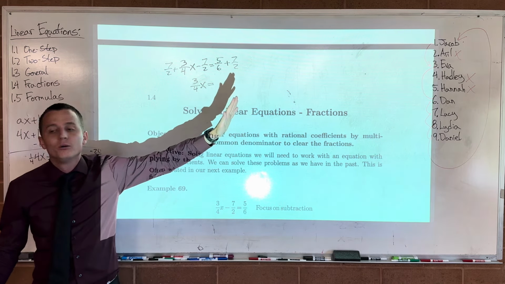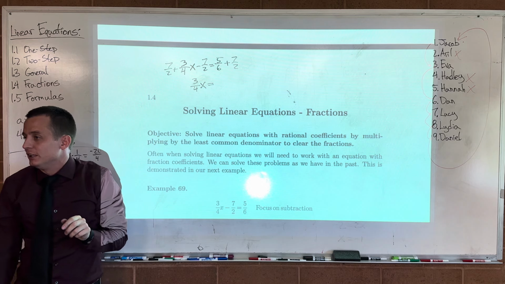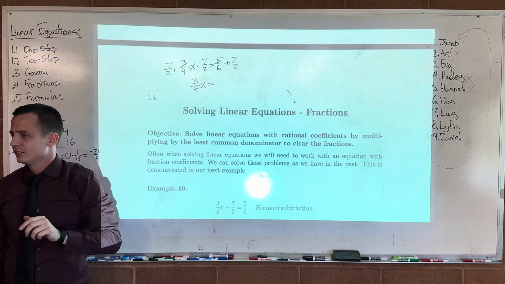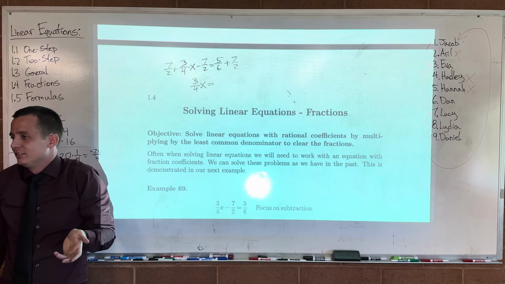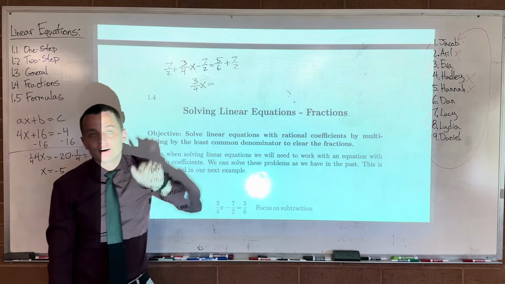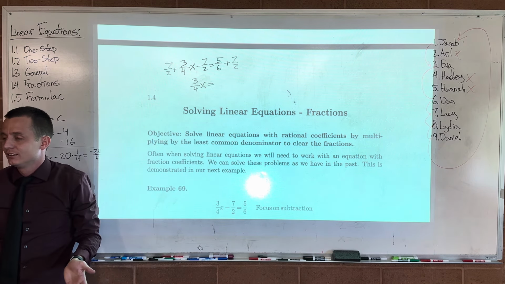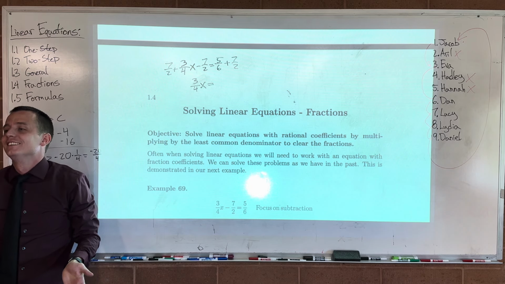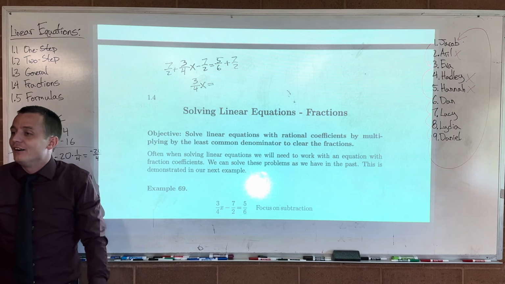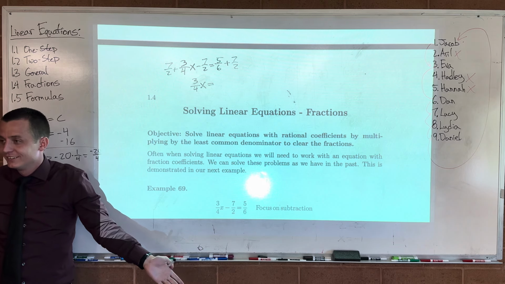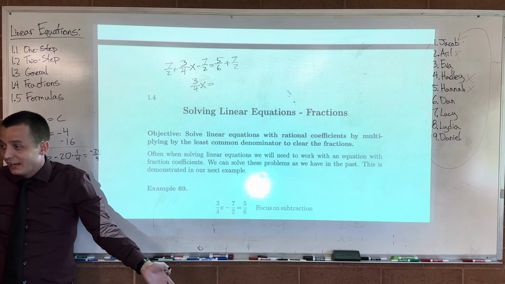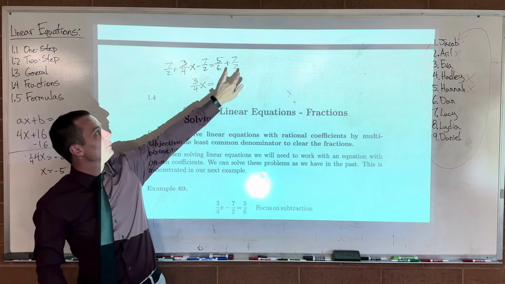If I have 5/6 of a pizza, can I express that in halves? No. If I have 7/2 of a pizza, can I express that as sixths? Yes. If you've already cut your pizza in half, can you still cut it into sixths? Yeah. Your common denominator here is 6.